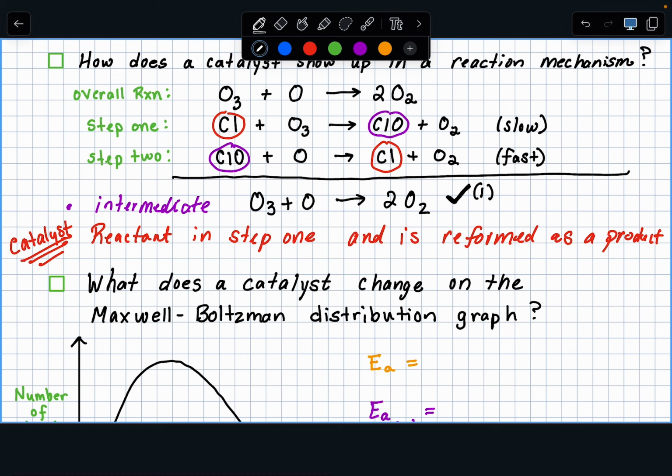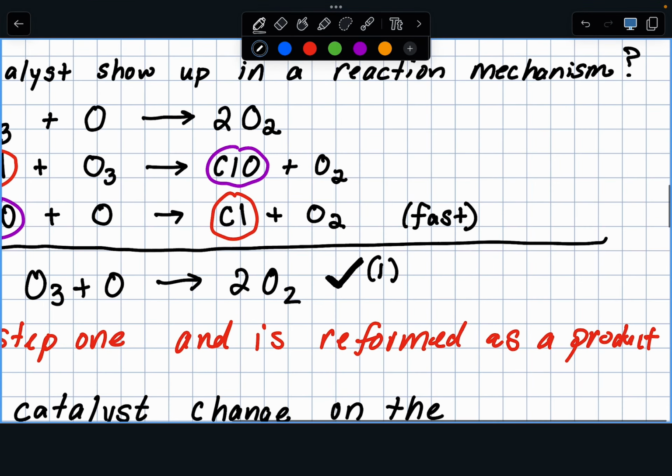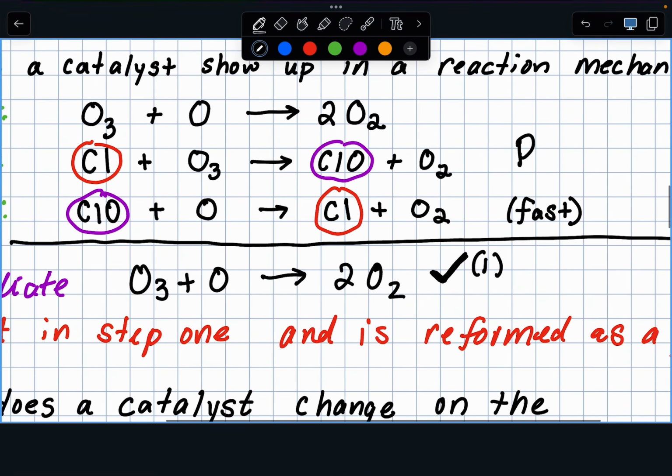And then the other one would be, can we write the rate law for the slow step? So in this case, the slow step is going to be the one that has the catalyst in it. So I'm just going to erase that now. And that's the one that we're going to use to write the rate law. So for that one, the elementary reaction, here I'll actually put it in red.